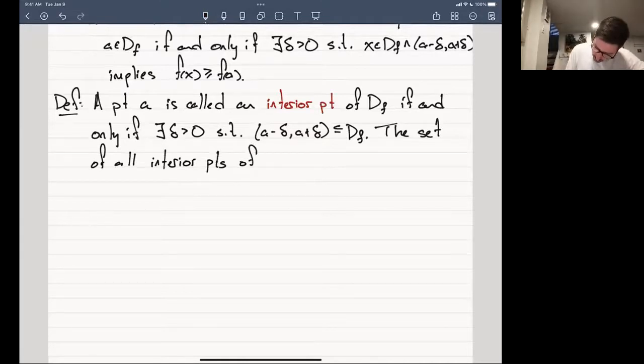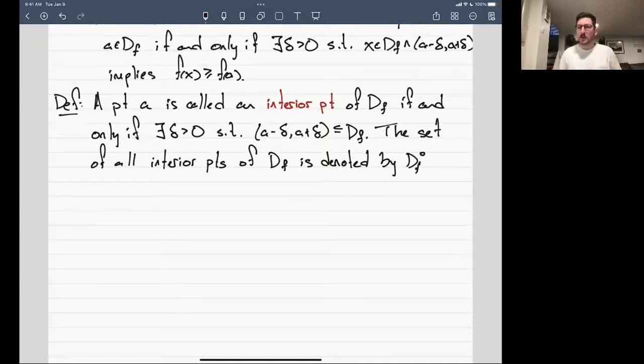And we say the set of all interior points of D_f is denoted by D_f with a little degree symbol at the top. That, in my opinion, is an O, which stands for open. There's a deep connection here to open sets. Technically, the interior is the largest open set that resides in your set.